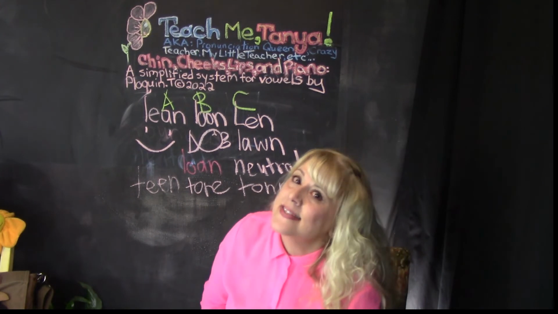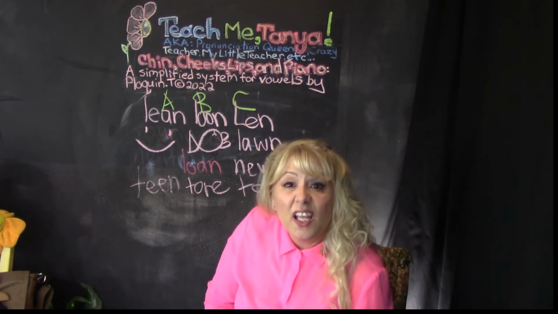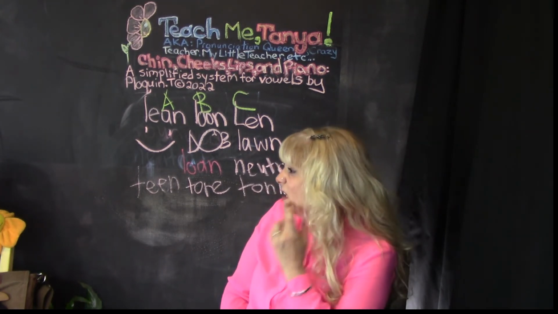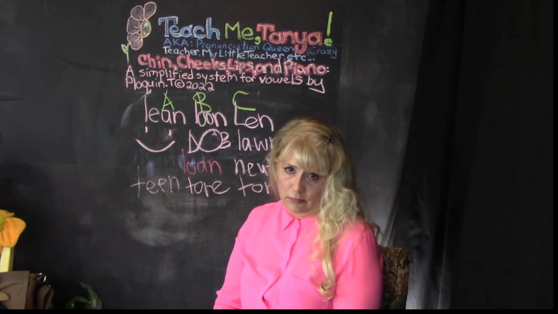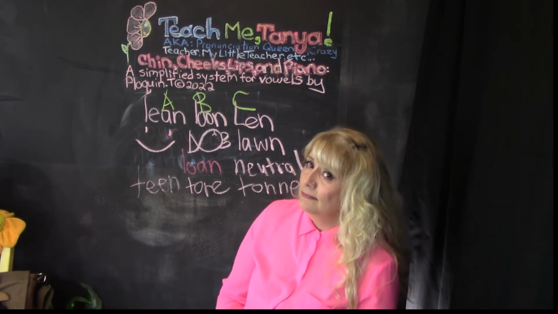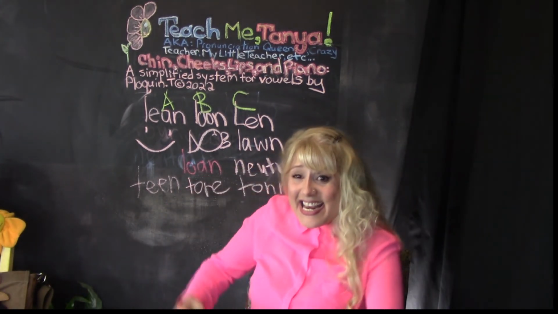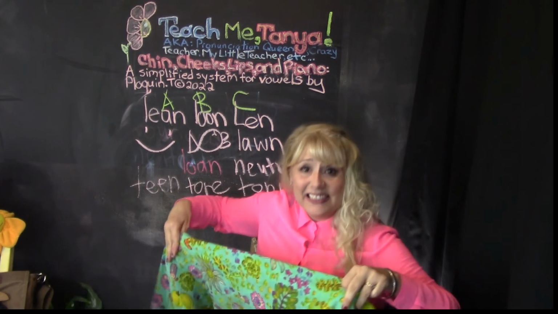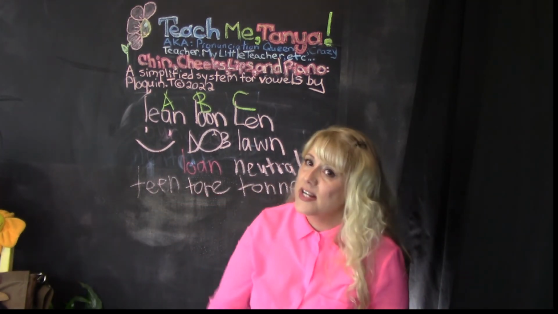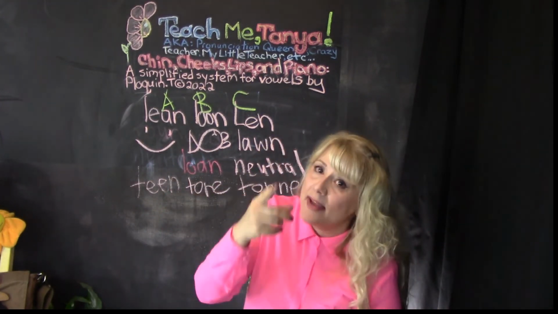Beach. Make them tense. Because you don't want to say, you know what I said. Or the other one, sheet. Like a blanket. Because you don't want to make your cheeks lax. Because you'll say the bad word.